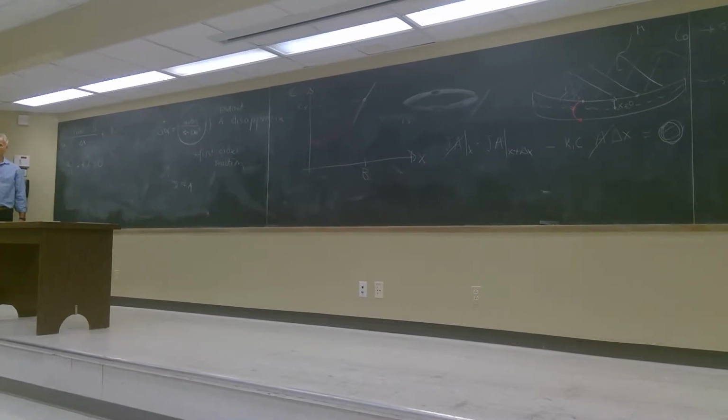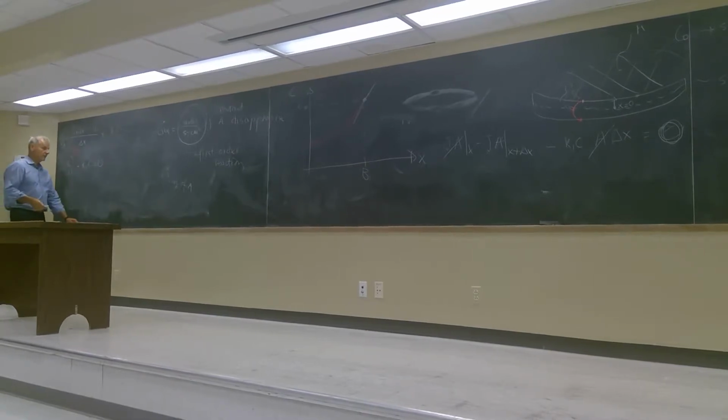What do we do next, Will? We substitute for J by means of Fick's law. Very good. Fick's law says that J is equal to negative delta dc dx.